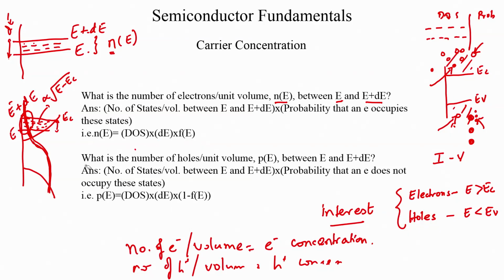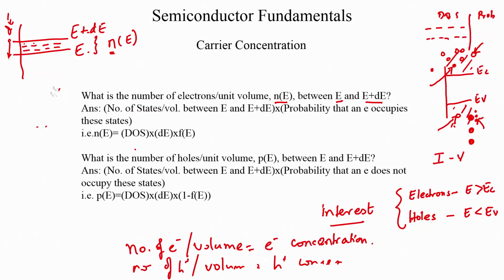Alright. So, next, if you ask the question, what is the number of holes between E and E plus dE? Which means I need to identify P of E, which is the number of holes per unit volume between E and E plus dE. Then again I get the density of states. I need to find the number of states available, that is the density of states into dE, into the probability that these states are not occupied.